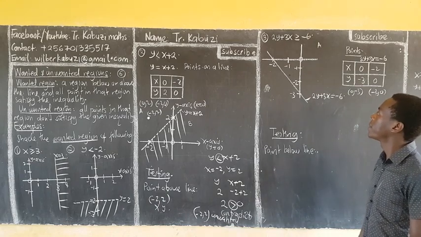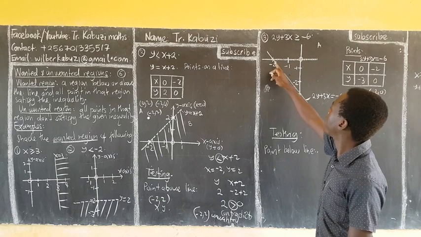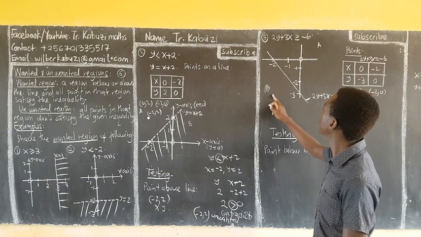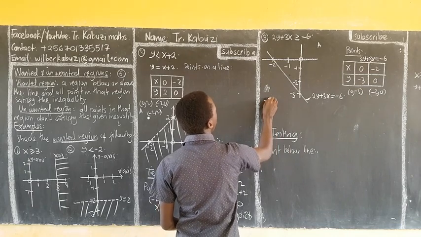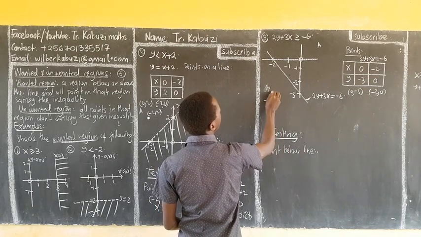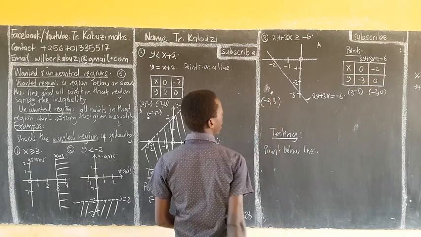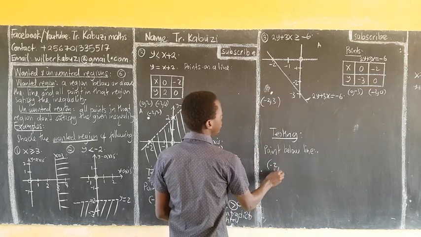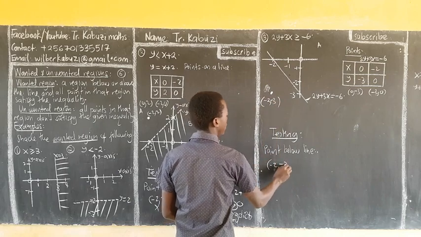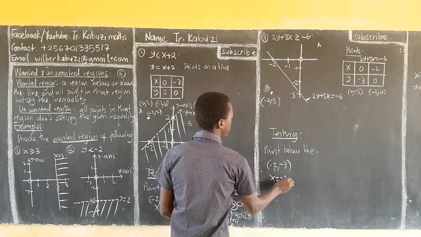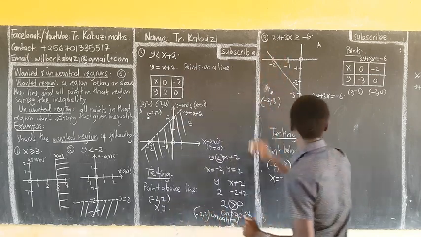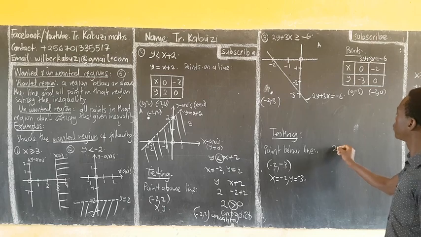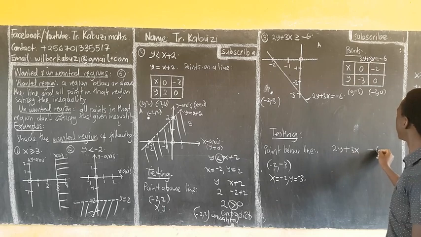If we pick below the line, we have a point, negative 2, negative 3. So our x is negative 2, our y is negative 3. Now we come with this: we have 2y plus 3x, then negative 6.